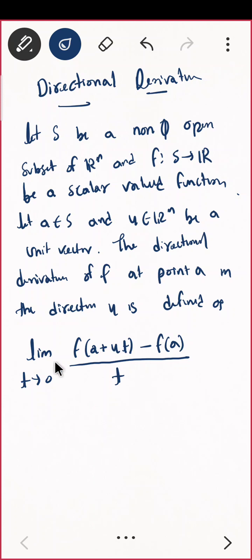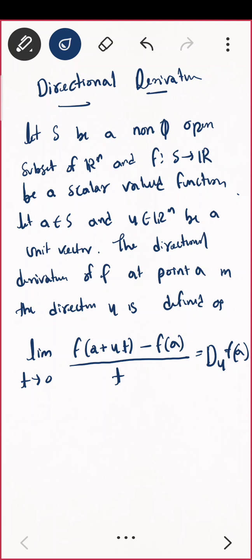This is how the directional derivative is defined. And if this limit exists, it is denoted by D_u f, the directional derivative in the direction of u at point E. This is the definition of directional derivative.